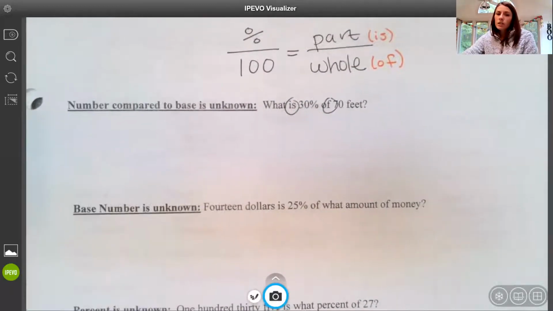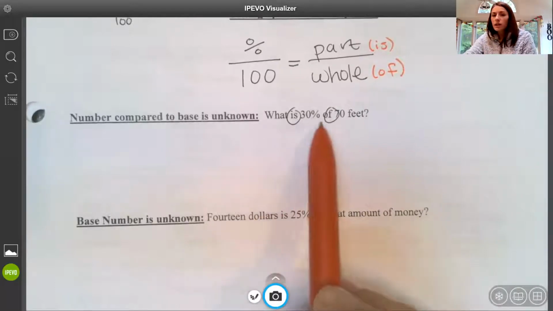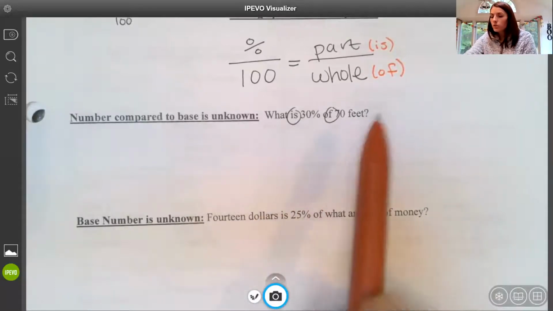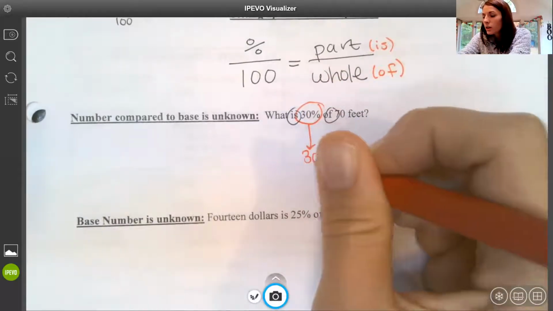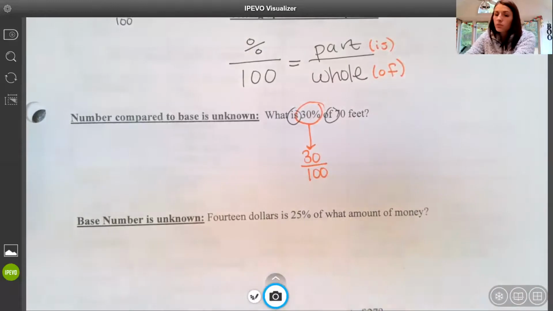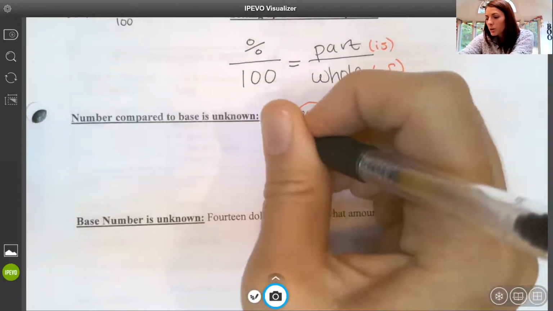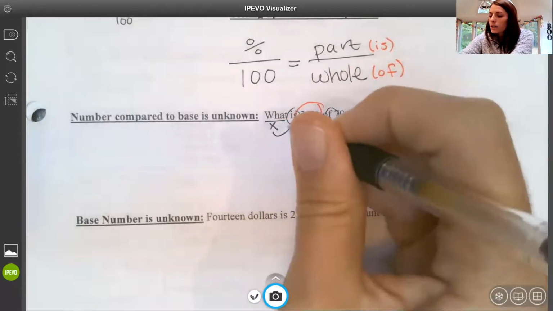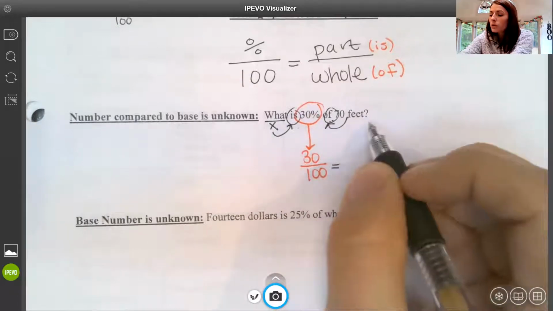So our first example is, what is 30% of 70 feet? First of all, I have my percent, so I'm going to say 30 out of 100. Okay, 30%. What? So there's my variable. What is 30% of 70 feet?